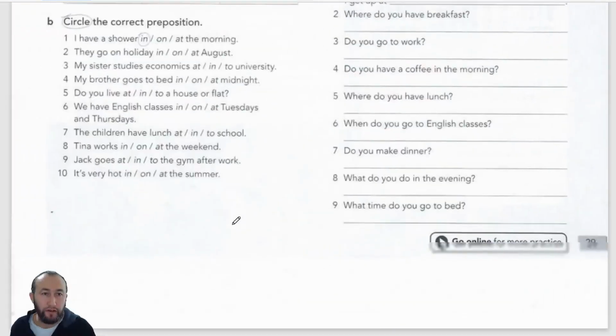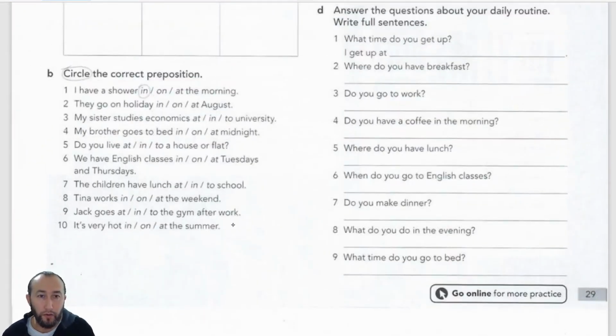We're going to move to exercise B now. Circle the correct preposition. I have a shower in the morning. That's correct, not on. They go on holiday in August, so there's going to be in August. My sister studies economics at university, at, guys. Not in, not to.